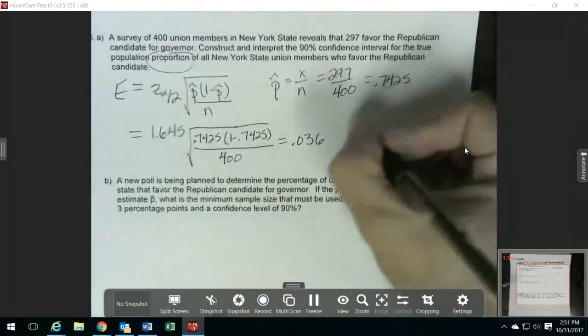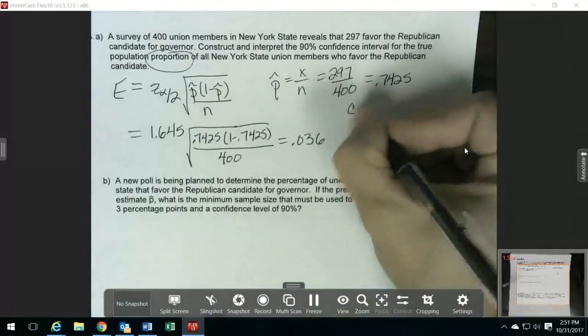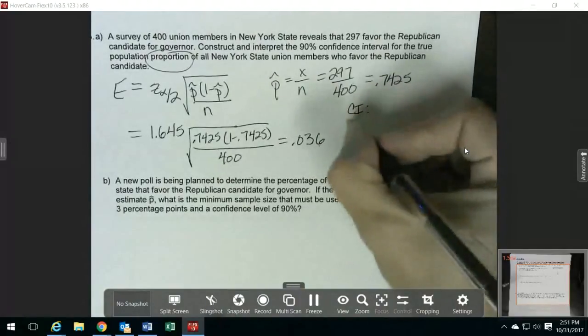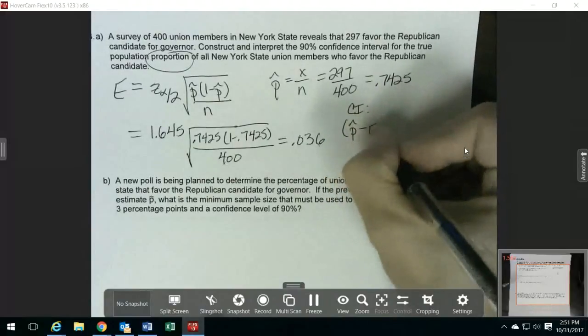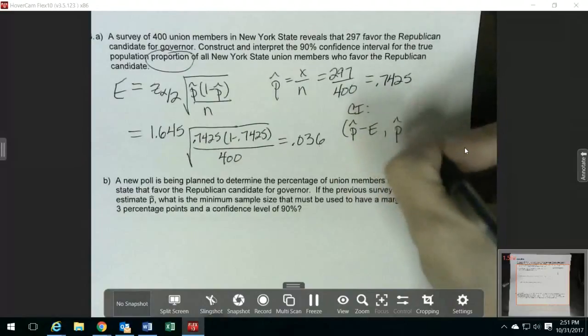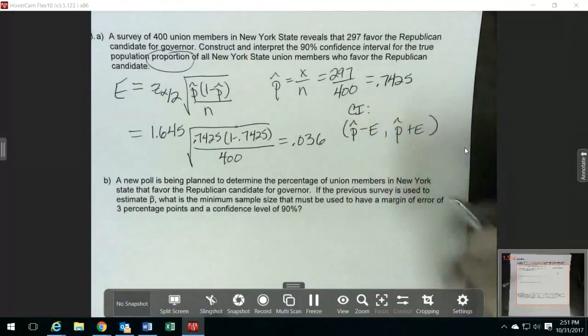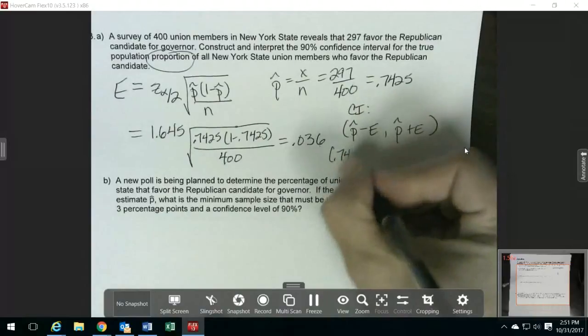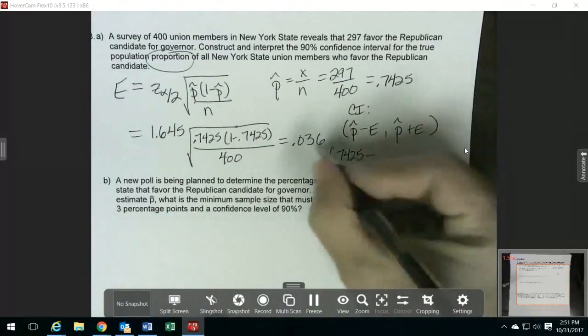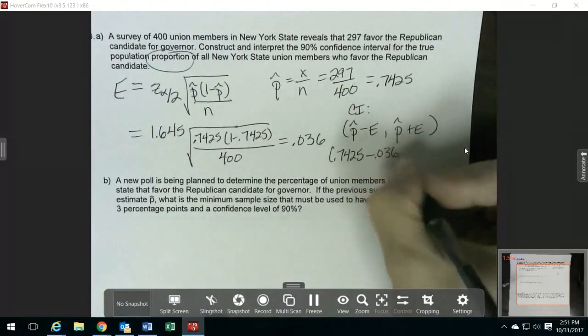Okay, from that, now I can find my confidence interval. So for my confidence interval, I'm going to have my sample proportion minus my margin of error, and then my sample proportion plus my margin of error. So this is going to be 0.7425 minus the 0.036.